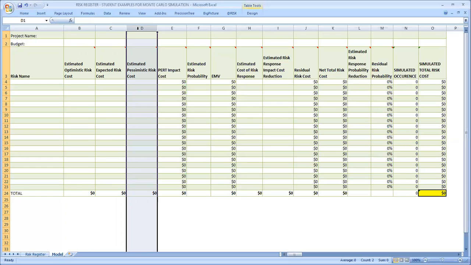So in other words, when the risk does occur, what is the worst we've seen from our experience?